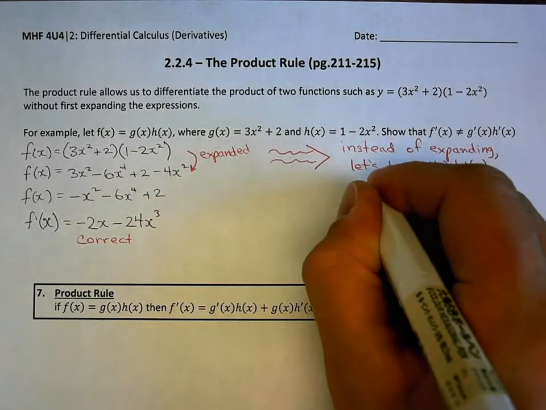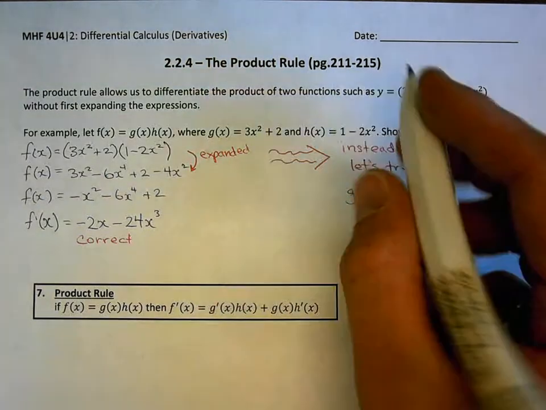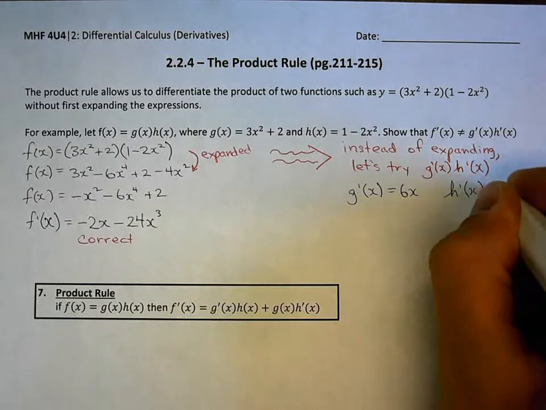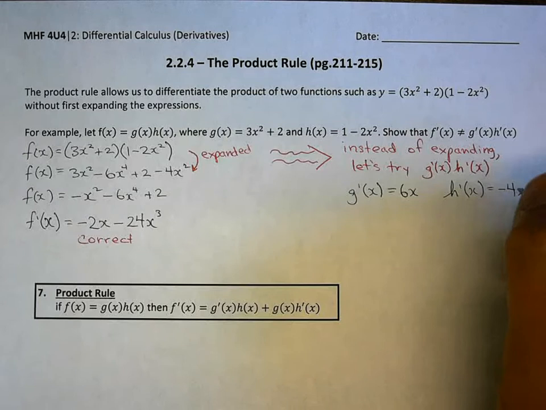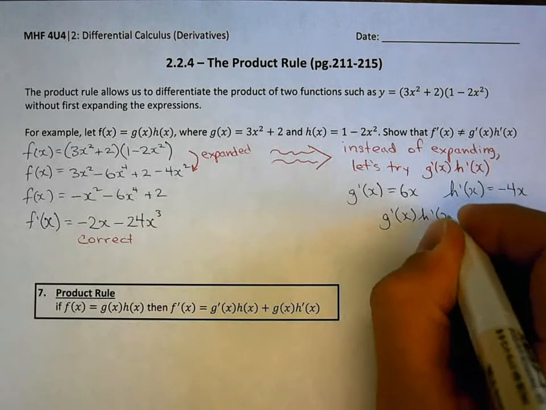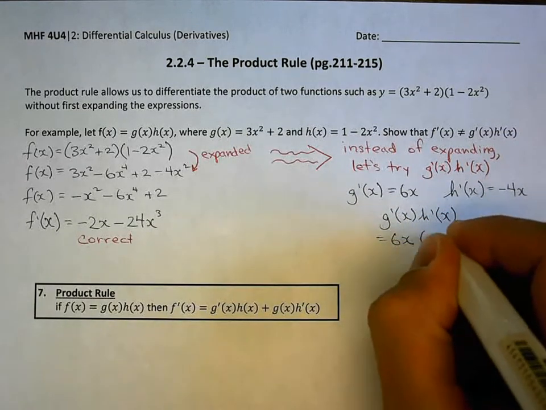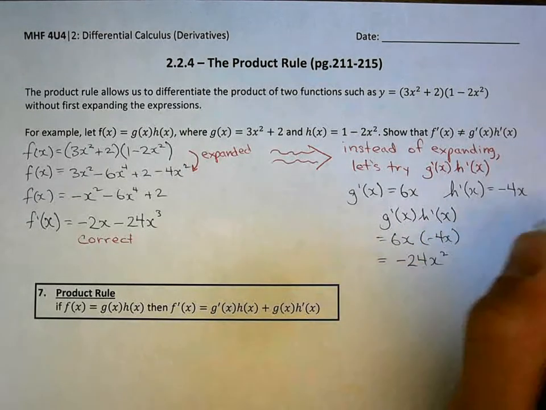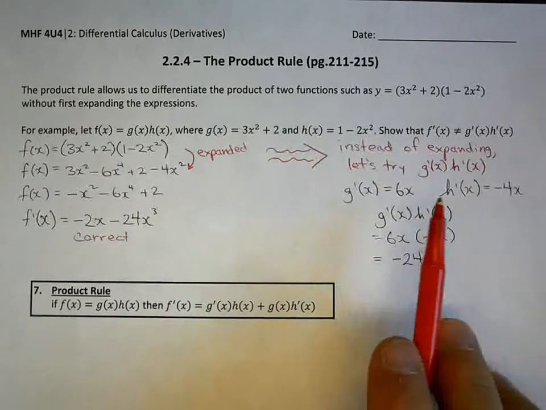So g prime at x is the derivative, so it'd be 6x. And h prime at x is going to be negative 4x. If I were to multiply those derivatives together, I would get 6x times negative 4x, which is negative 24x squared.